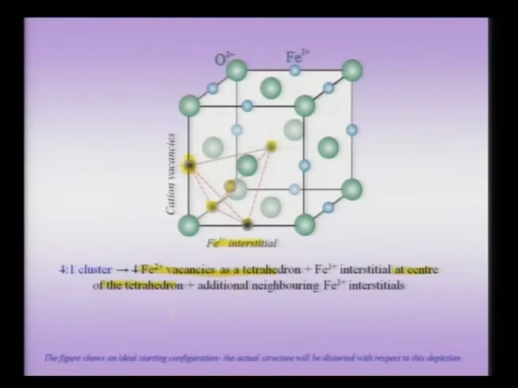And to maintain charge neutrality, additional neighboring Fe3+ interstitials are also created. So, this whole cluster constitutes my 4-1 cluster, which includes these additional neighboring Fe3+ interstitials, which have not been shown in the figure.